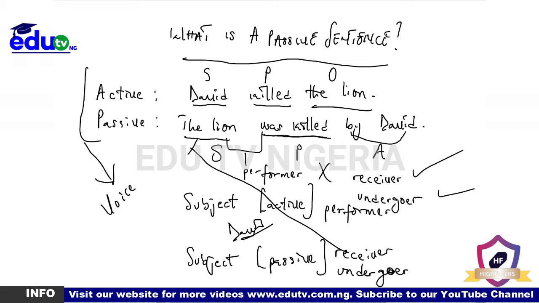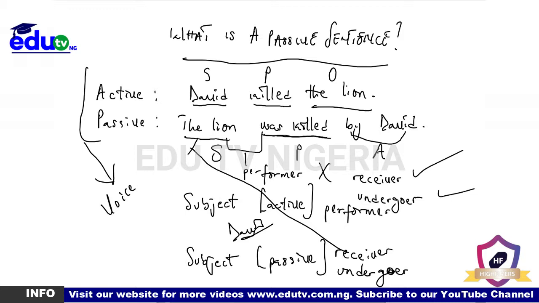So that is the description of a passive sentence. Do you understand that? So an active sentence is one whose subject is usually the performer of an action. A passive sentence, on the other hand, is one whose subject is usually the receiver or the undergoer of an action. So that's all about the definition of a passive sentence.